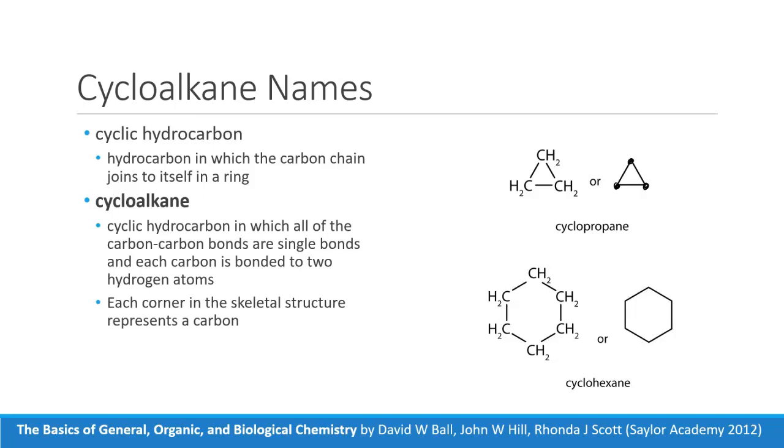So if you have 3 corners, 3 carbons, because it's a ring structure, we add the prefix cyclo and then propane for 3 carbons. If you have a hexagon, remember that has 6 corners, and it's a closed ring structure, so that's cyclo, and then 6 is hexane.